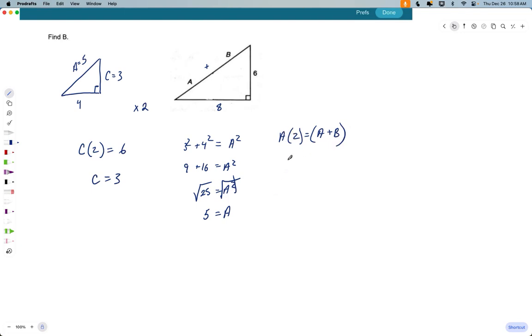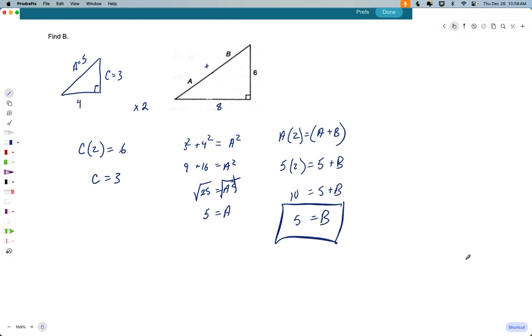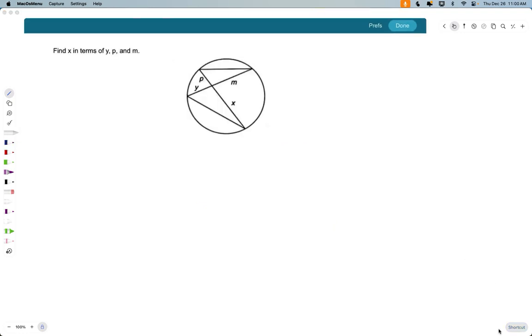So A is 5. 5 times 2 is equal to 5 plus B. 10 is equal to 5 plus B. Subtract 5 from both sides. 5 is the value of B, which is what we were looking for. So I think you just have to type in the number 5. And that's it. All right, so let's look at the next problem if there is one.